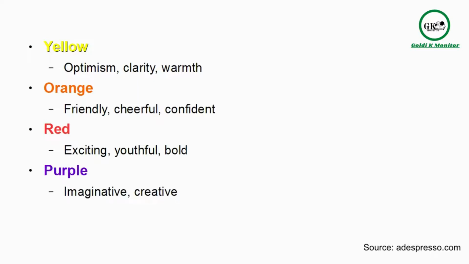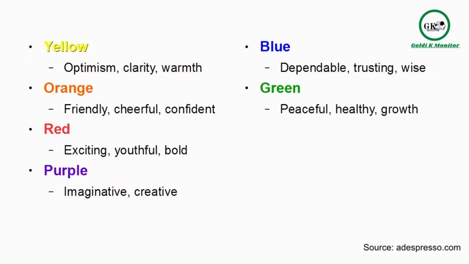People associate purple with things that are imaginative and creative. With blue, people tend to associate it with things being dependable, trusting, and wise. Green tends to be associated with things that are peaceful, healthy, and associated with growth. And grey is balanced, neutral, and calming.